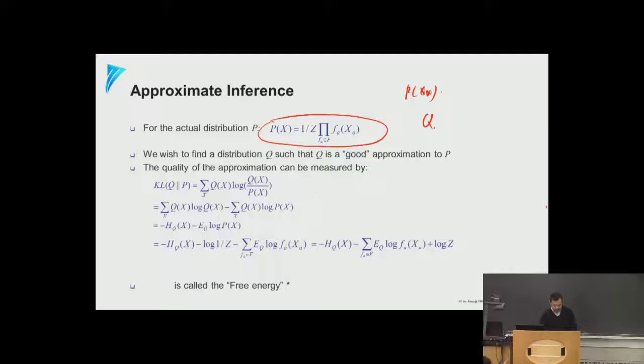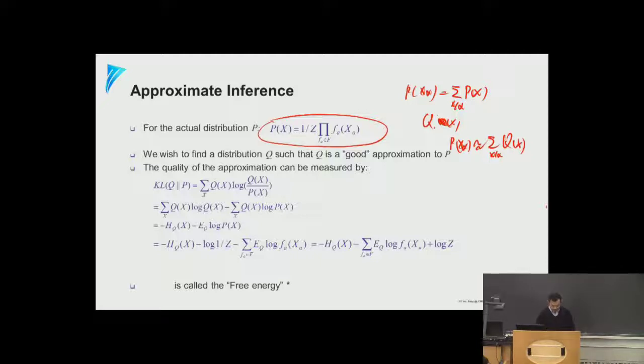Why is this hard? Because this requires you to do marginalization of x minus alpha over the original distribution, and the distribution is difficult. Then we want to define a distribution Q of x, so that P of x alpha can be approximated by a marginalization of x minus alpha over Q of x.